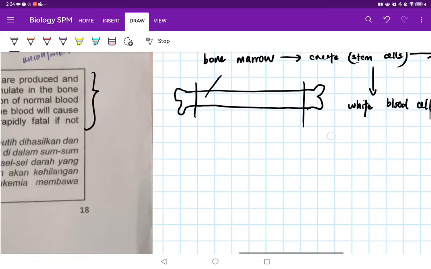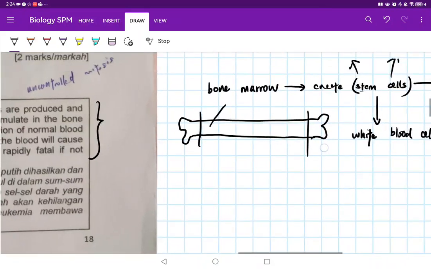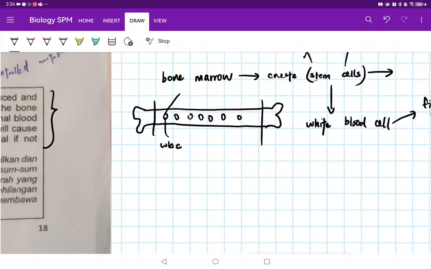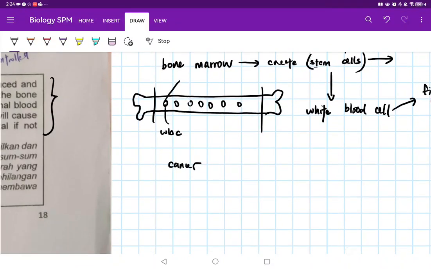And we know that if cancer happens, normally they'll create normal white blood cells like this, all right? These are the normal white blood cells. But when you have cancer, the cells are going to divide via mitosis uncontrollably.